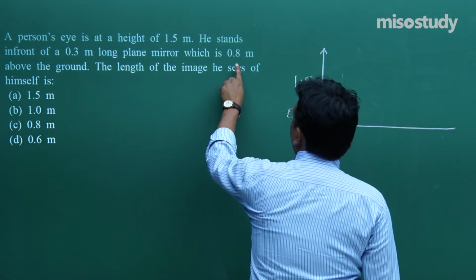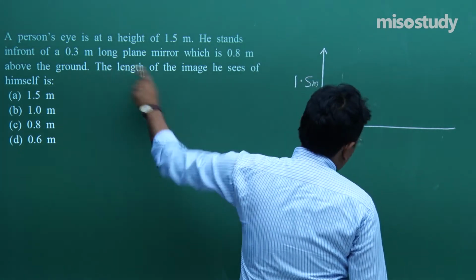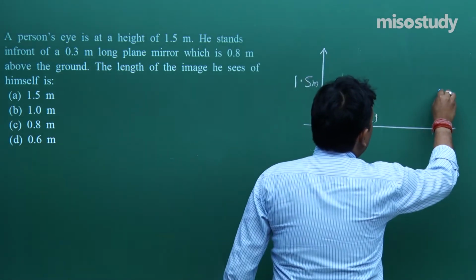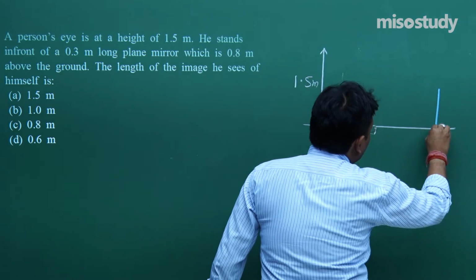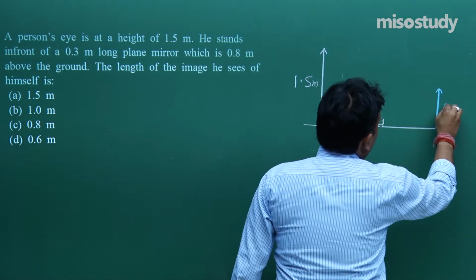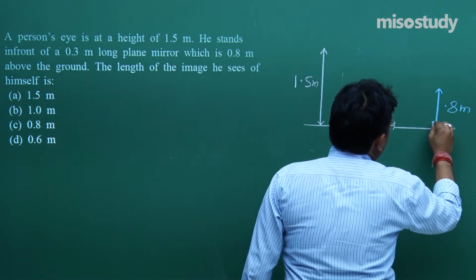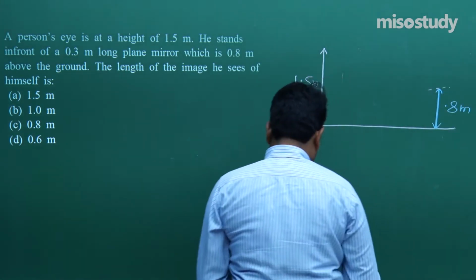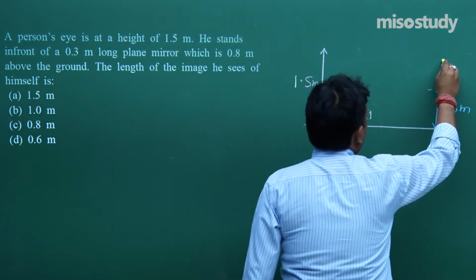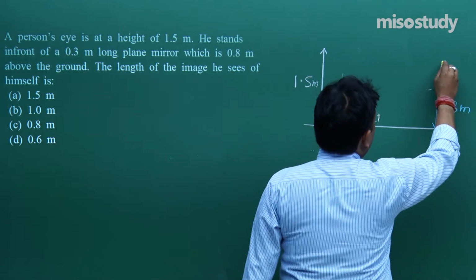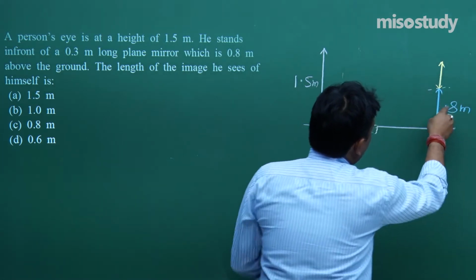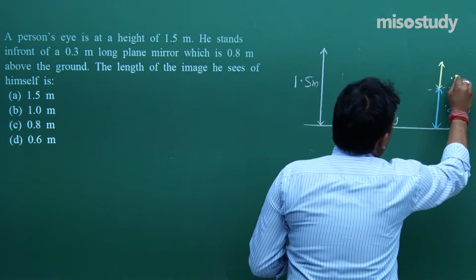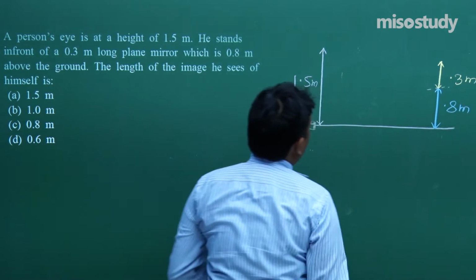Then 0.8 meter and then the mirror length is there. 0.8 meter. And from here you have the mirror, yellow color. Blue is nothing, a wall, blue color wall. This is 0.3 meter.